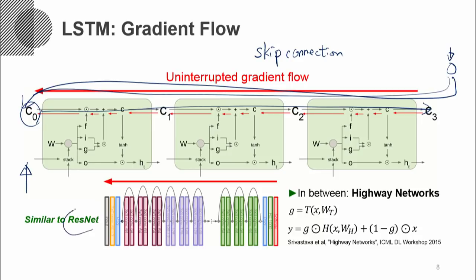So for example, the residual net in the context of convolutional neural nets has been so successful, and it has this skip connection architecture, so that the information generated from the lower layers can go through multiple layers without any transformation or distortion. And there is also another network called the highway network, which follows almost similar ideas.